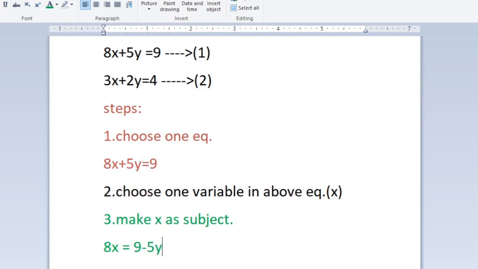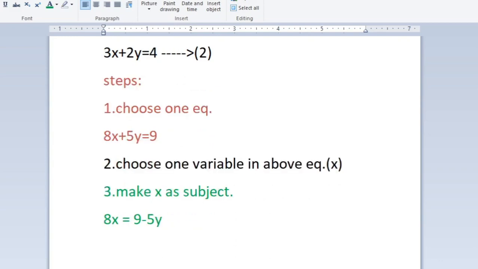Then we have to find the value of x. Therefore, we have to transpose this 8 to RHS. Then x is equal to (9 minus 5y) by 8.